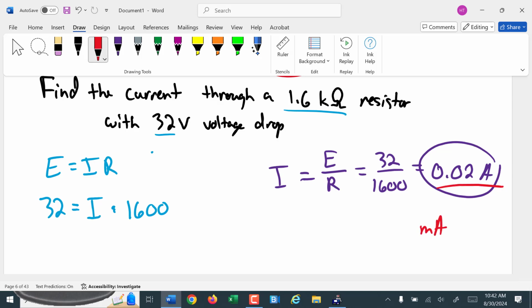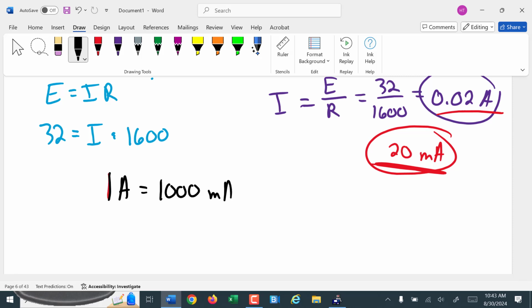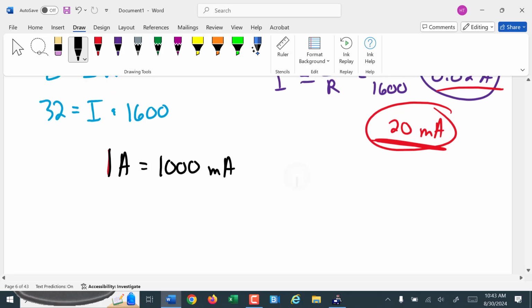We get 0.02. That is amps. Now I could list that as amps, but it's less than 1 amp, so we would typically list it as milliamps. And the conversion is 1,000, so that's going to be 20 milliamps.